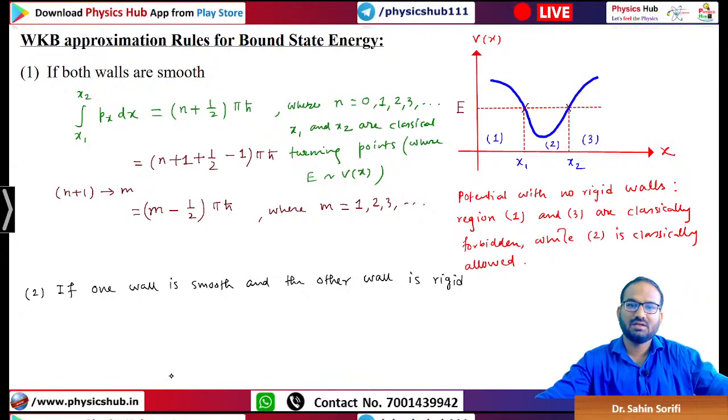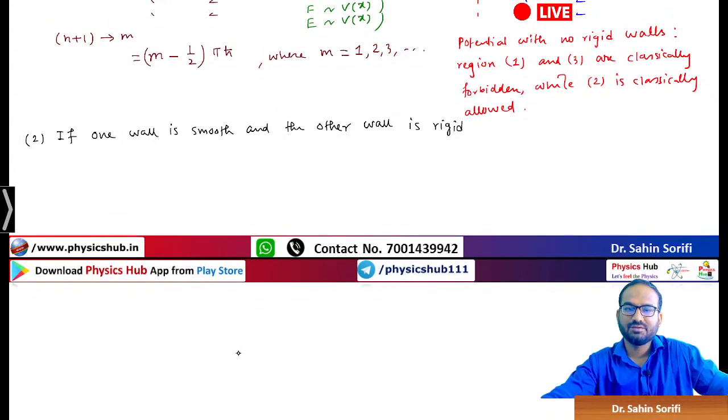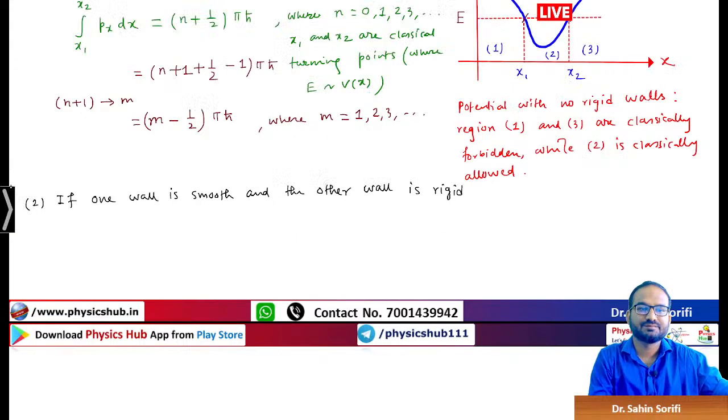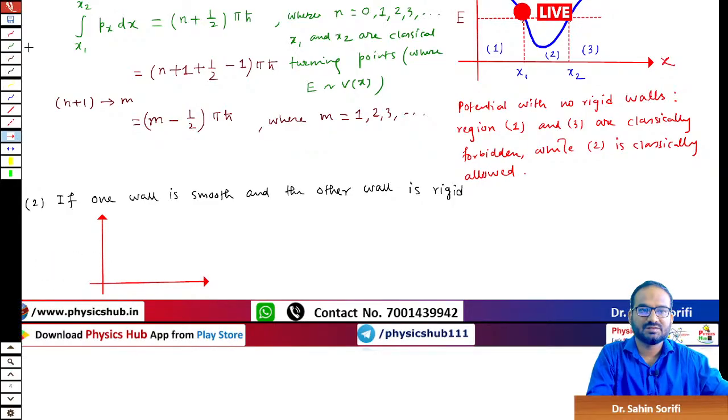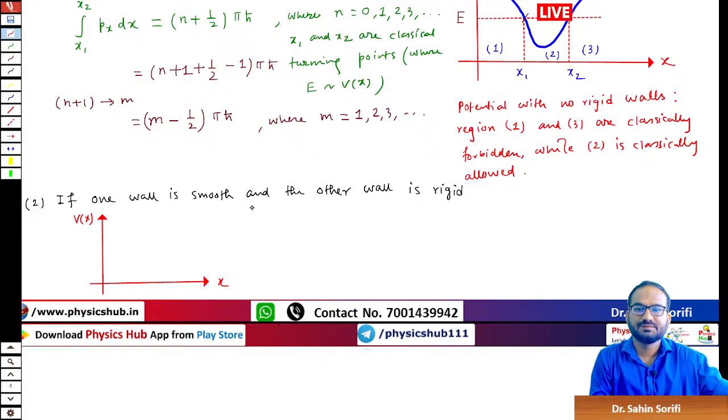Now how will you represent this pictorially? If you want to represent this, we can consider a potential like this. Let's say we have this V of x versus x graph. Now one of the walls is rigid, another one is smooth. So how will you draw this?